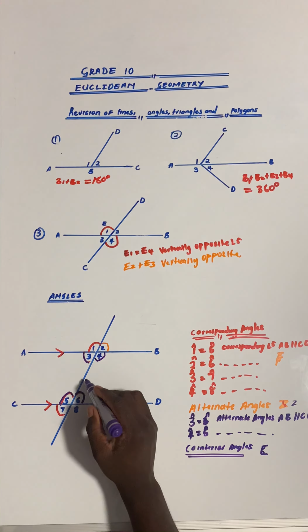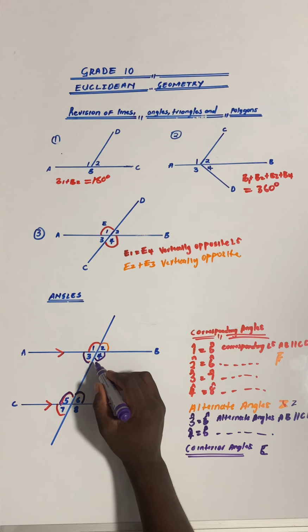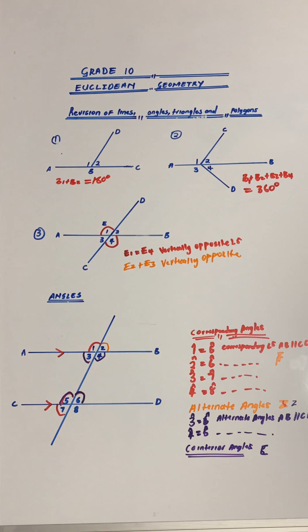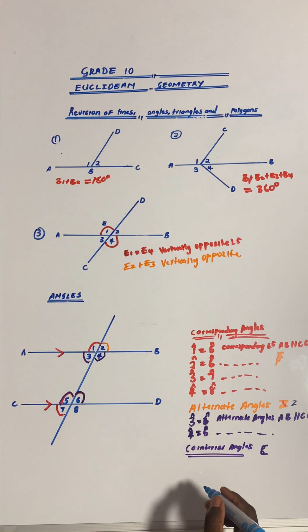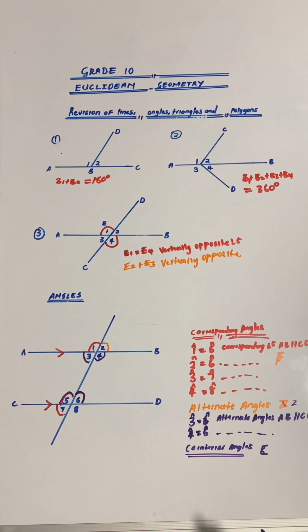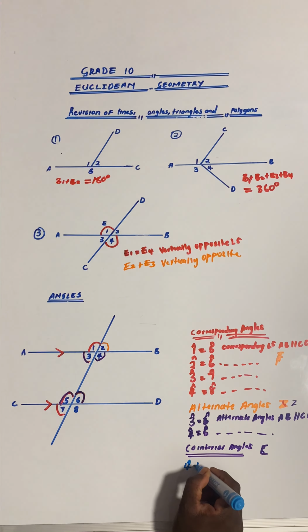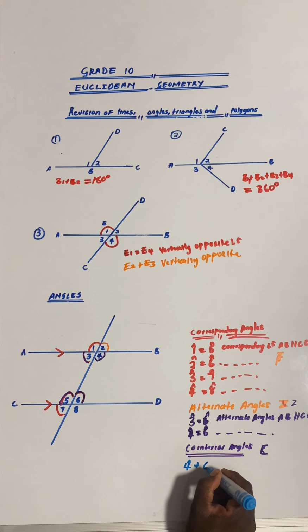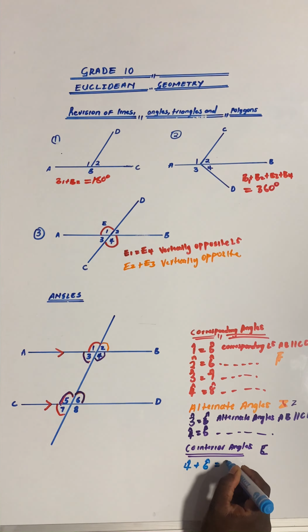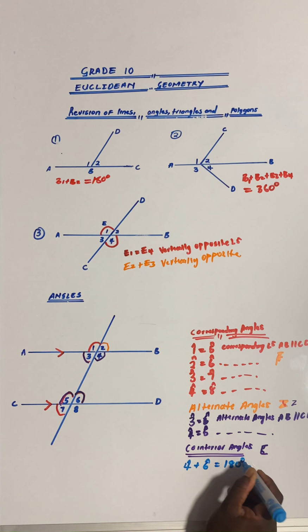For co-interior angles, we are summing up. We are not saying this angle is equal to that angle. It's a summing up type of situation. In this instance, we can have angle 4 plus angle 6 giving us 180 degrees.